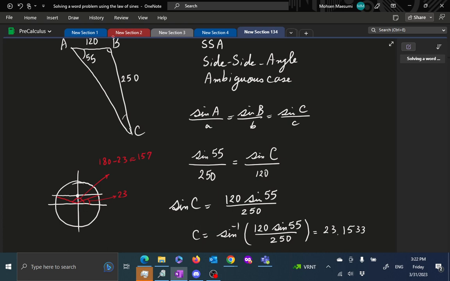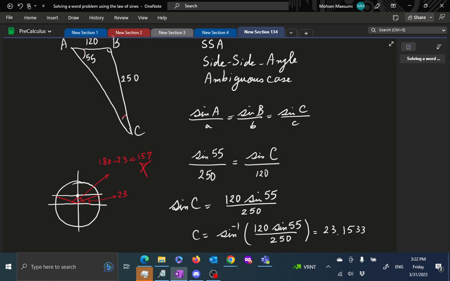Now we reject this because of what reason? By picture it doesn't match. And on the other hand, if for some fashion we could make 157 here, 157 and 55 is going to make 212 degrees. Sum of all the angles of a triangle is supposed to be 180. So this other answer just falls out of consideration for two reasons.